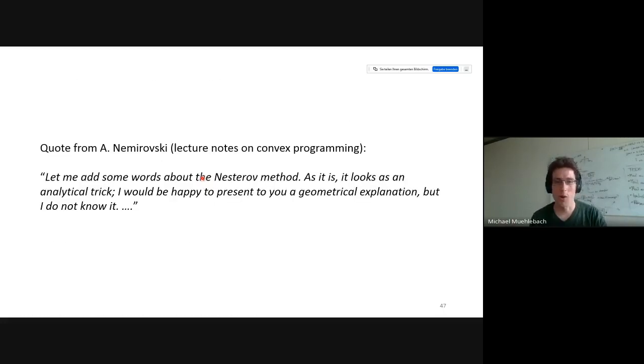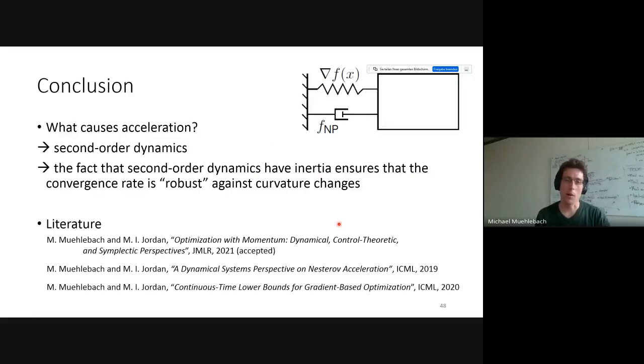So if we go back to the quote from Arkadi Nemirovski, he asked for a geometrical explanation. What I provided essentially was a mechanical or physical analogy. And so from this perspective, what causes acceleration? Well, it's really the fact that we have a system with inertia. Because if a system has inertia, it tries to keep its velocity.